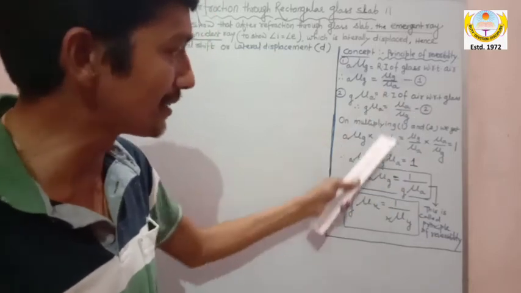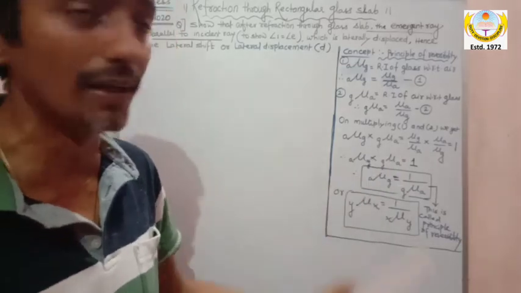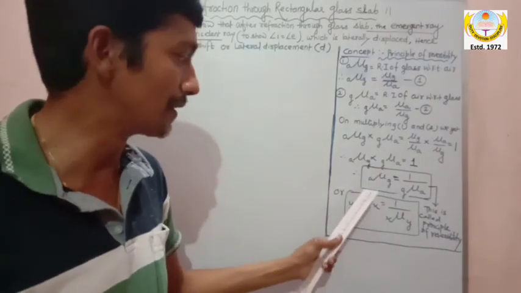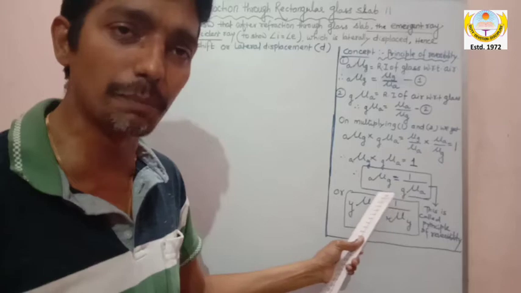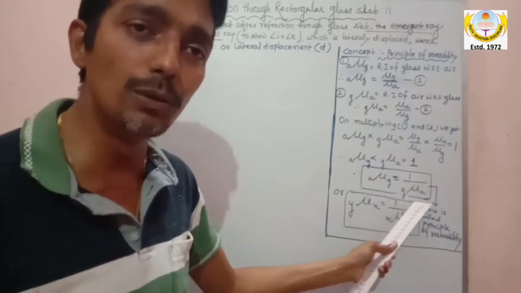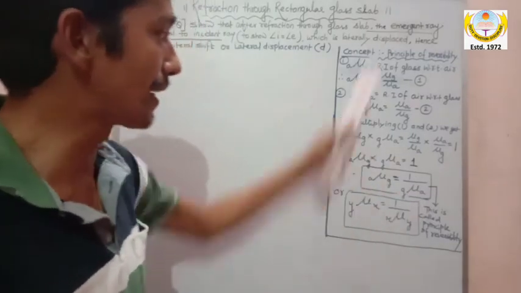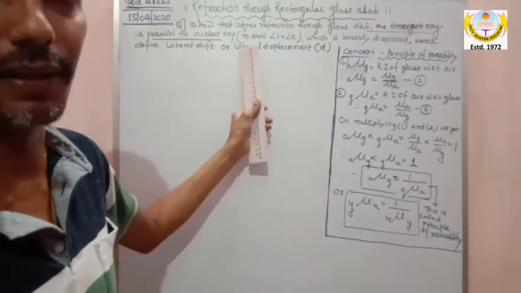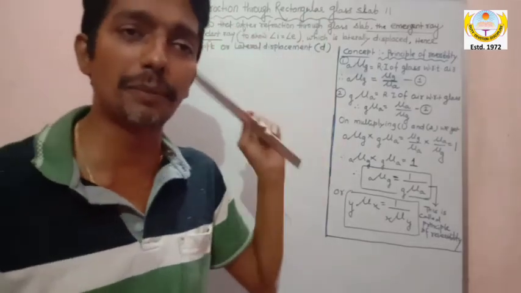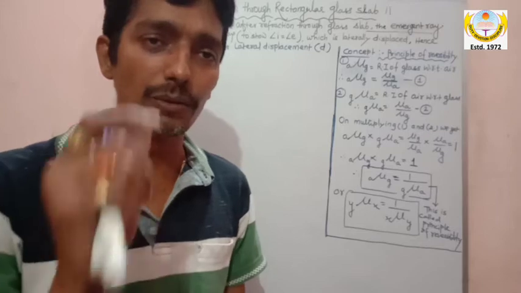So my dear, this is the way, and when I multiply, I get the reverse. That is, mu of g with respect to air is 1 upon mu of air with respect to g. You should have this concept. Then only we can do the lateral displacement concept, that is refraction through a glass slab.